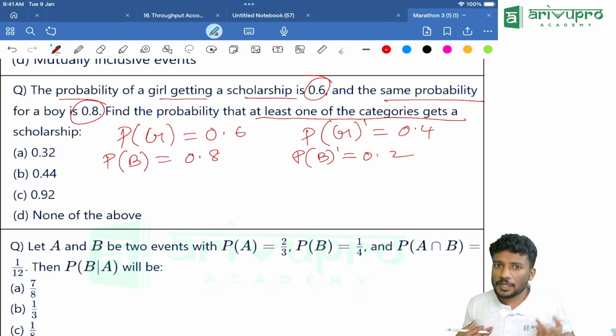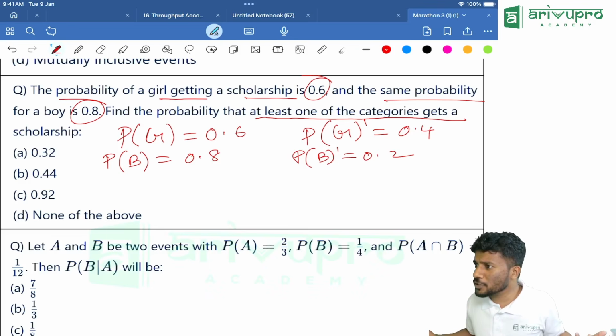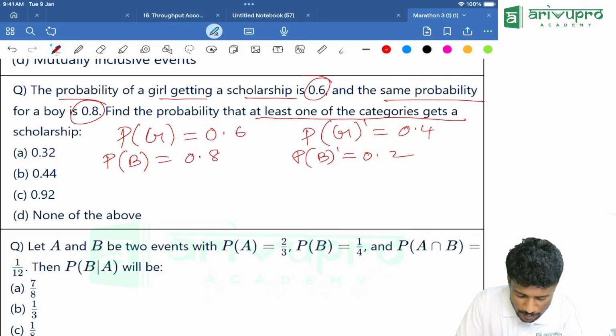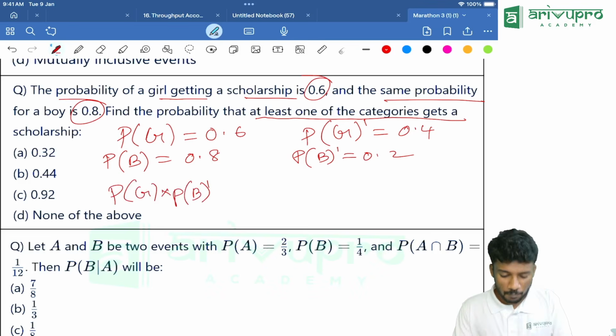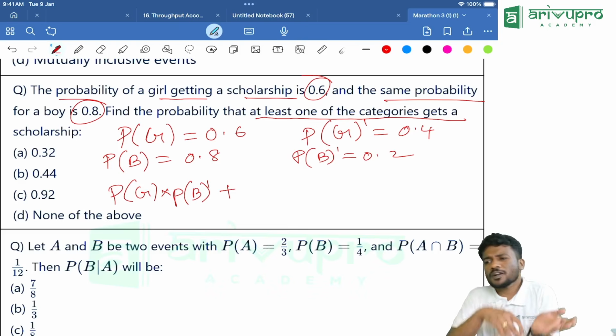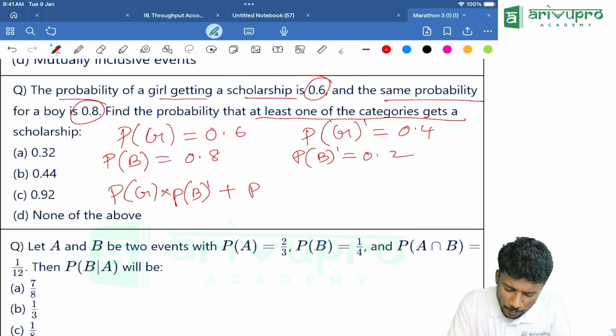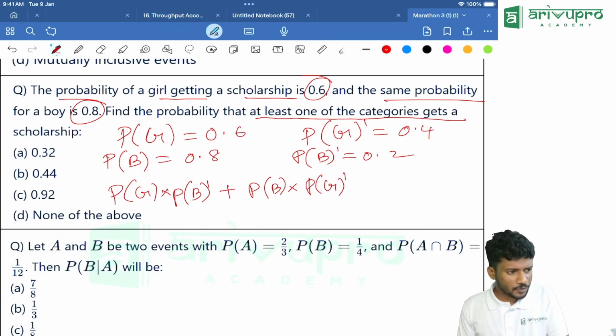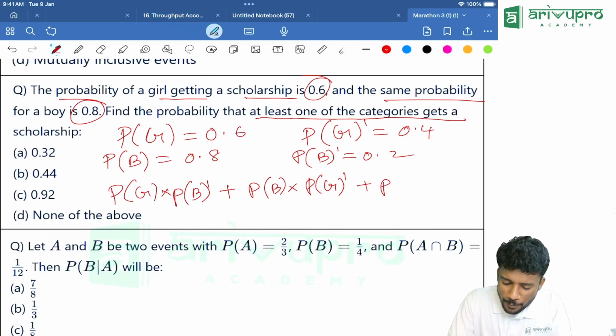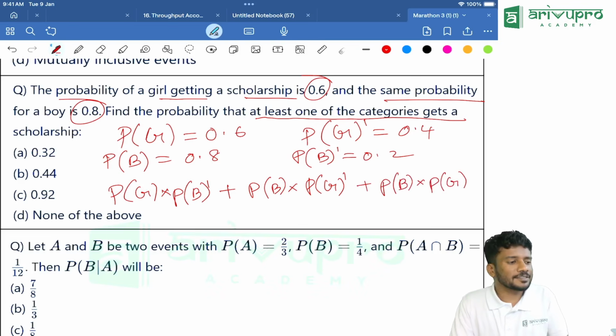Two people can get the scholarship at the same time. So the possibilities are: probability of girl getting scholarship into probability of boy not getting scholarship, or, which means plus, case 2: probability of boy getting scholarship multiplied with probability of girl not getting scholarship, or probability of boy getting scholarship and probability of girl getting scholarship.